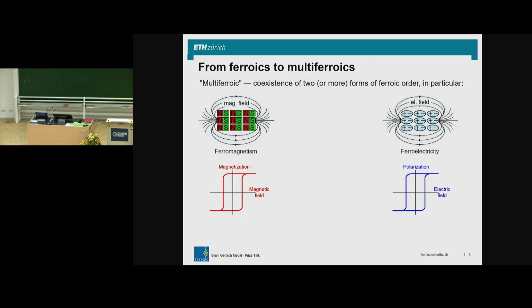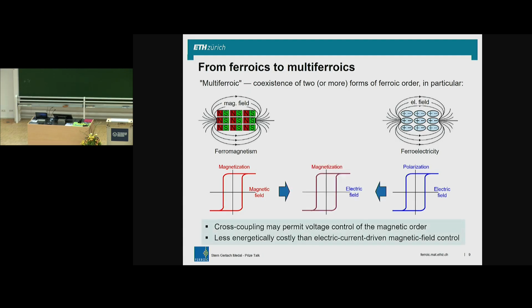Okay, then we can also go a little bit one step further. We could ask, why not have two types of ferroic order in one material? That brings us to multiferroics. So a material can at the same time have ferromagnetism and ferroelectricity. That is being discussed a lot recently because of these cross-coupling interactions. So you can imagine an electric field tuning through a magnetic hysteresis.